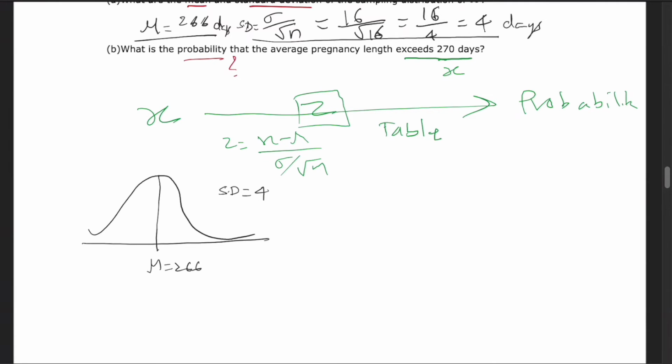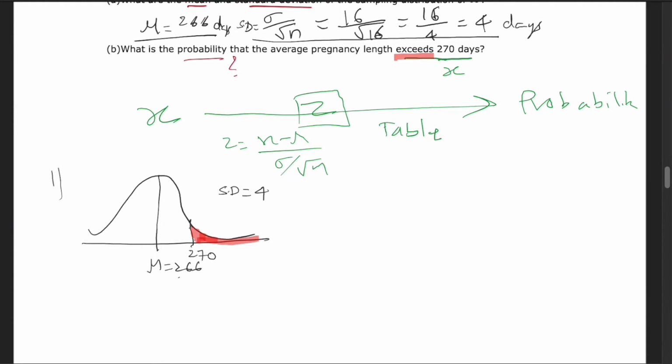Then locate the x. It says the average pregnancy length exceeds 270, and 270 is definitely greater than 266, so locate it somewhere over here. Then highlight the area, because we are interested in the area to the right of that, which is shaded in red.